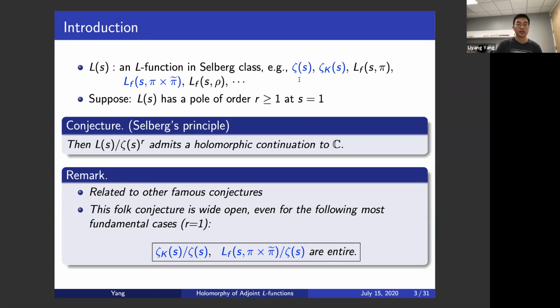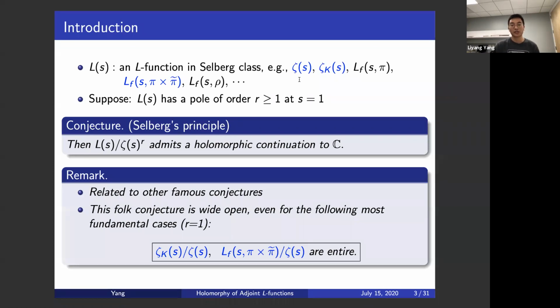You can see this conjecture is related to many other conjectures like the Dedekind conjecture, Artin conjecture, and some Langlands conjectures, which we'll see in a few minutes. And in the motivic case, it's actually related to a conjecture of Tate. Anyhow, we are expecting Selberg's principle to play an important role in number theory.